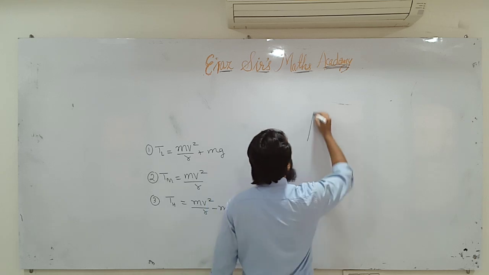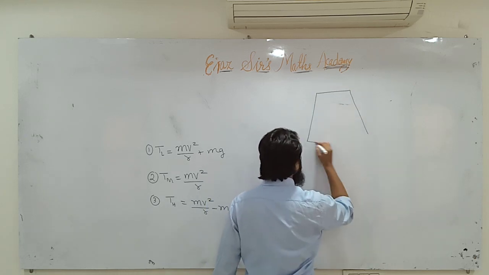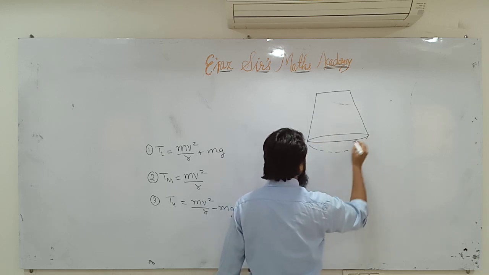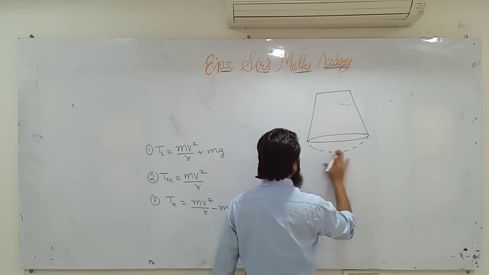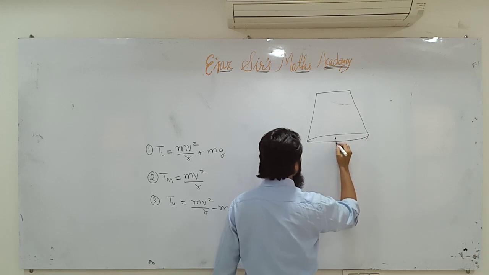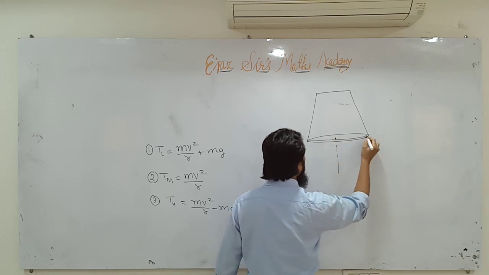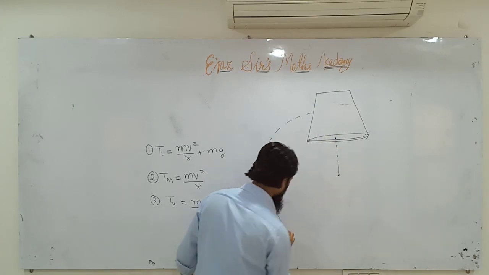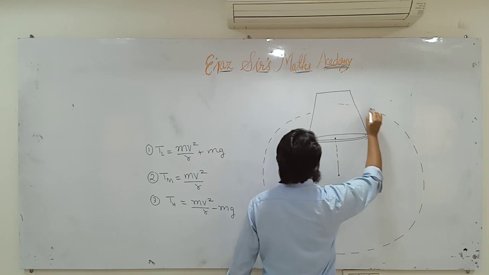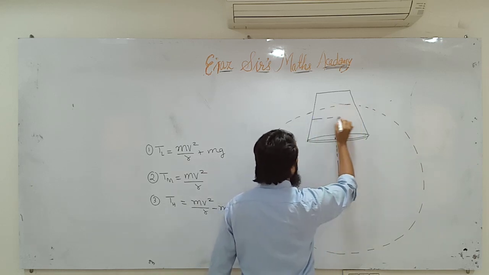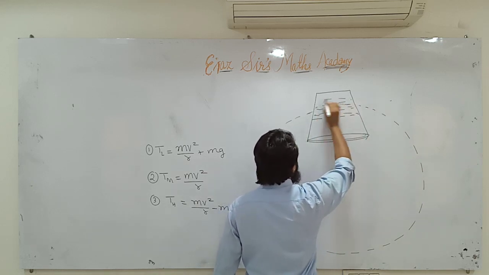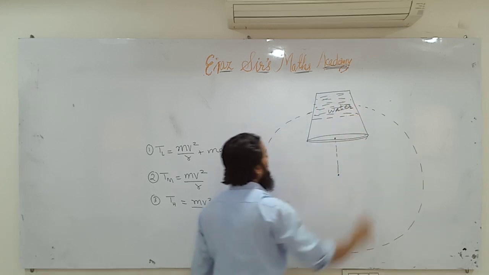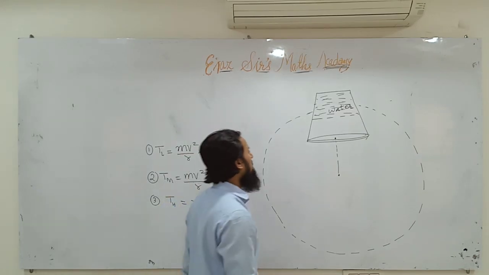Can you tell me why the water in a bucket doesn't fall even if it is at the highest position? Suppose I have a bucket and I am revolving the bucket in a vertical plane. This is a bucket handle. The bucket is moving like this and it has water in it. M is the mass of water in the bucket.